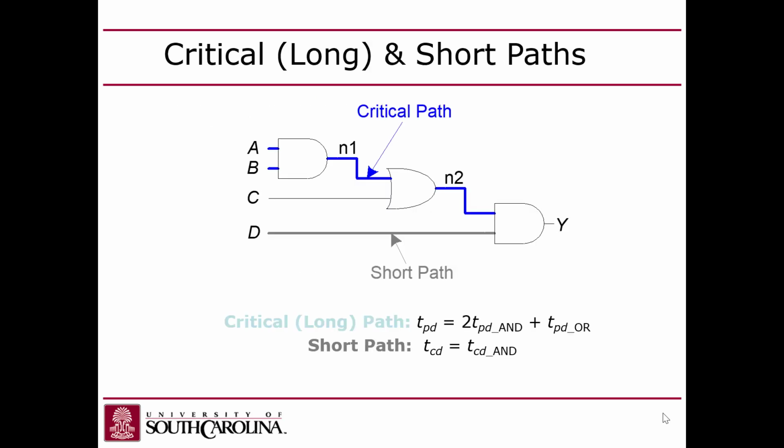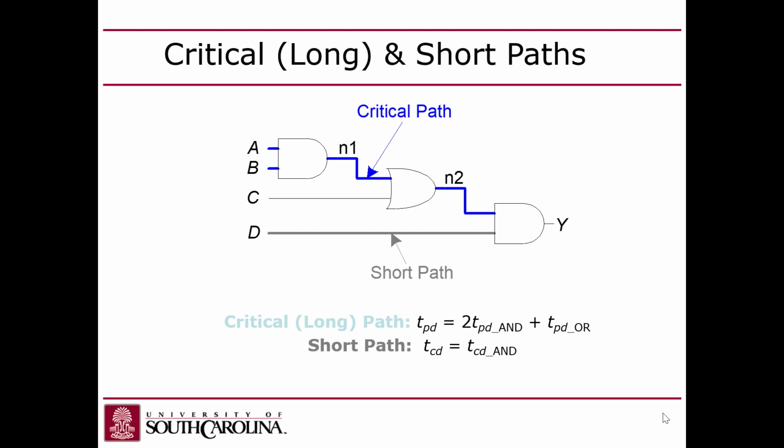You guys are used to the canonical product of sums and sum of products that generally always have two logic levels, right? But in synthesized circuits, you don't have that. You'll get circuits that are not always two levels. In this case, I've got 3 levels deep of gates on my critical path, which is the worst case path. But there's also another path from D to the output that only goes through one gate.